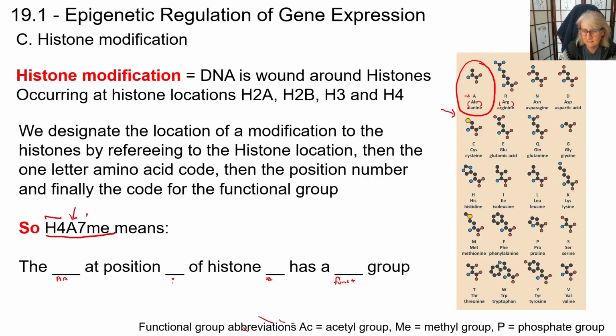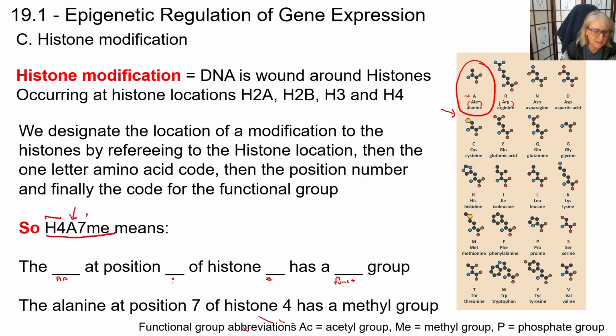You ready? So H4A7Me means that the alanine, I don't need to write it, the alanine at position 7 of histone number 4 has a methyl group.